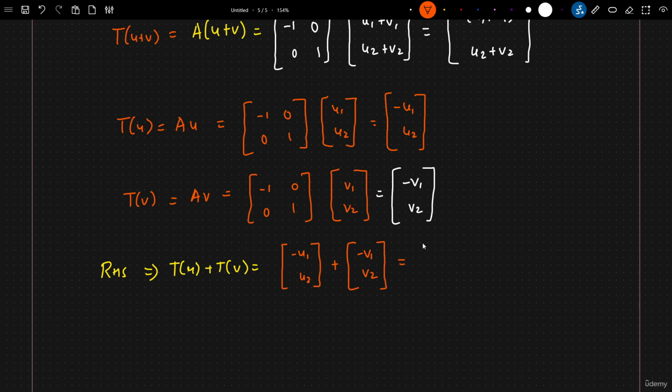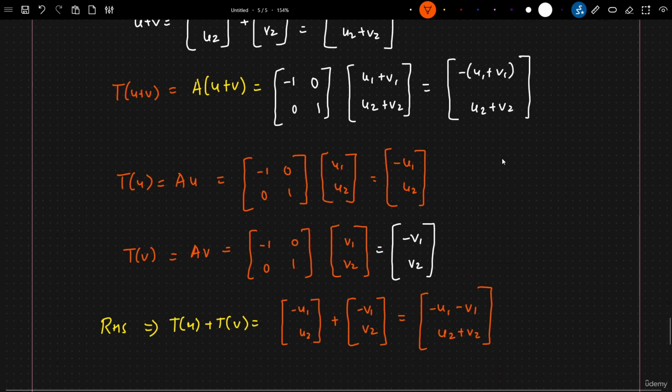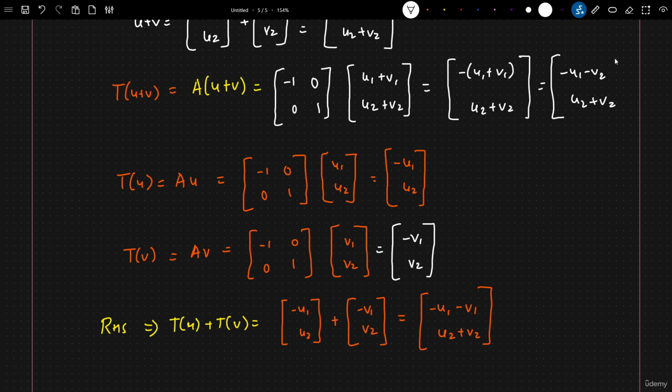If you do this calculation, it is nothing but minus u1 minus v1, and then u2 plus v2. Now see whether this is equal to this. We can further write it like this: minus u1 minus v1, u2 plus v2. So here you can see that we have proved our LHS is equal to the RHS.